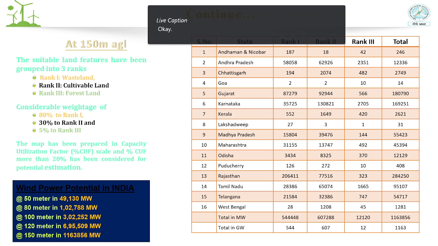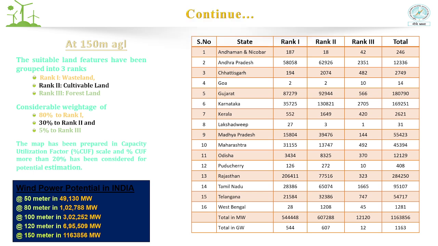What is cultivable land? The revenue department of every state would have done this land use land cover, LULC, and that layer is mapped. Based on that, rank one wasteland we can use fully, but we have not used it fully, only 80% of the land in the rank one class.